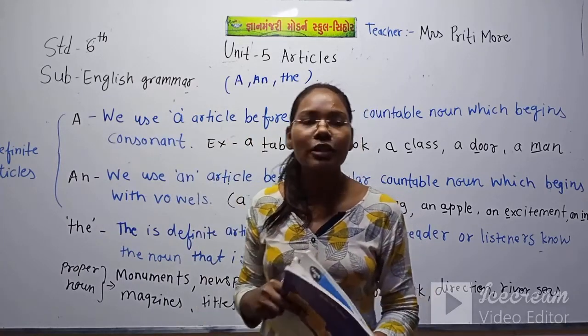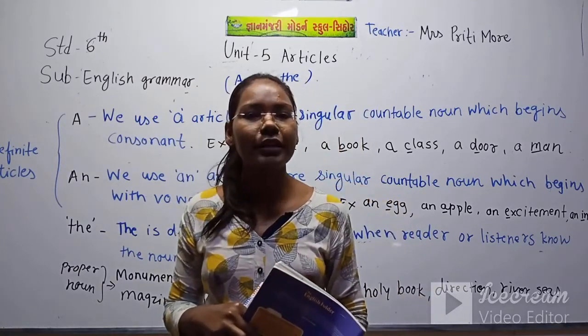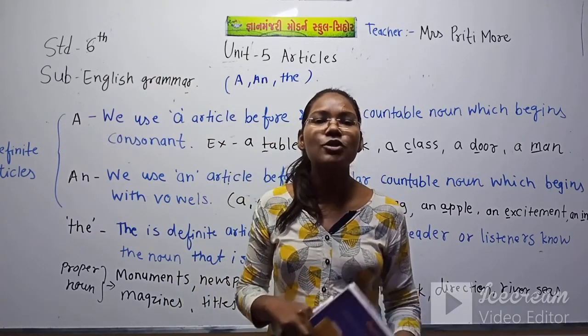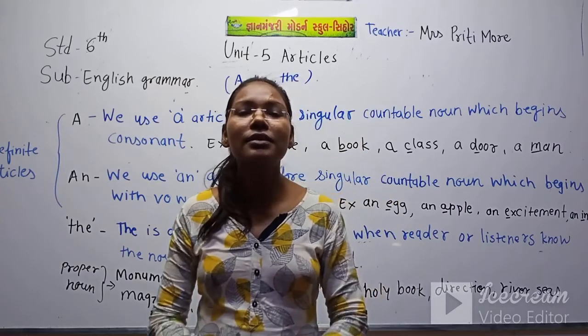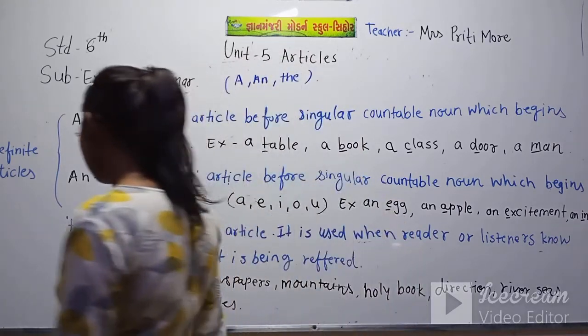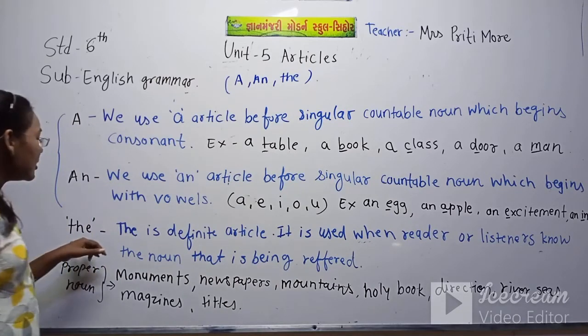The things or places which we already know about, and are confirmed about, at that time we use the article the.